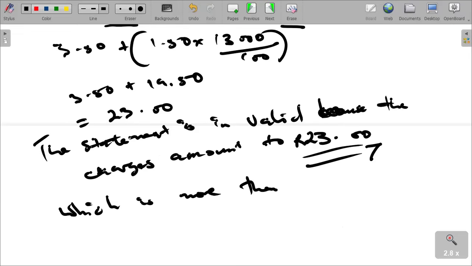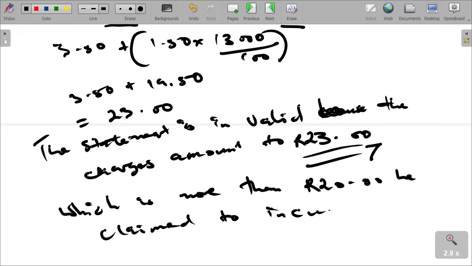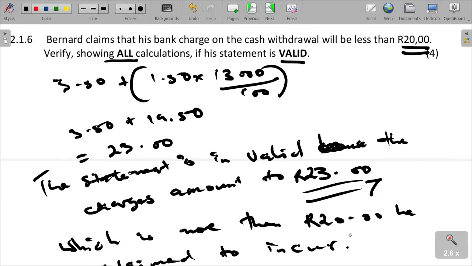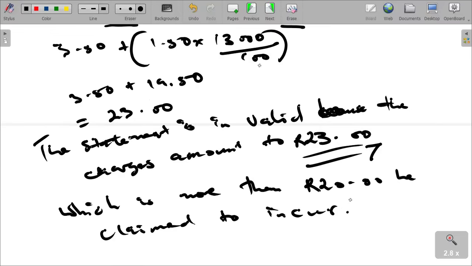He incurs 23 rand, which is more than the 20 rand he claims to be incurring. So the statement is invalid. That is what we should understand in this respect.